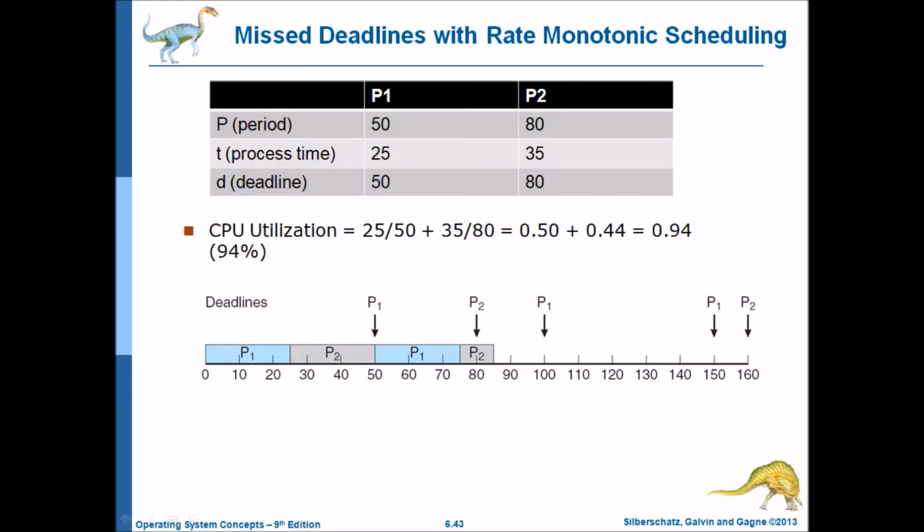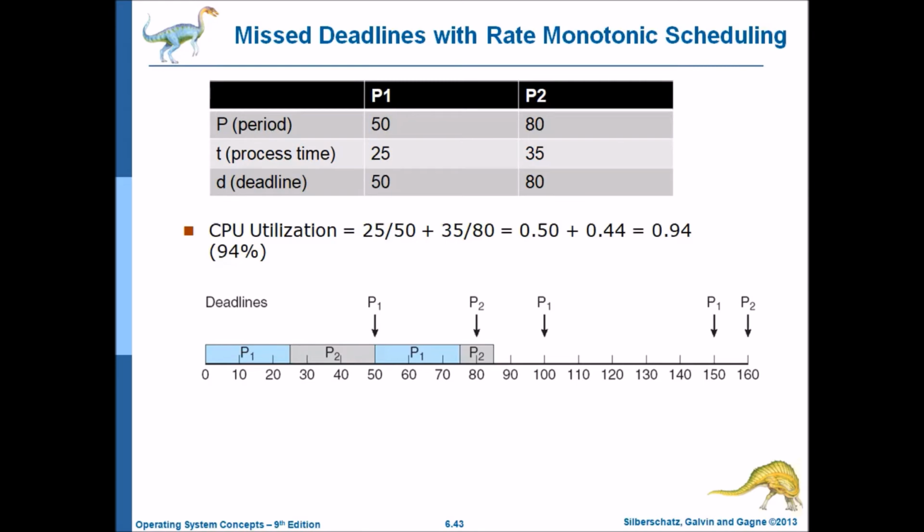So we compute the overall CPU usage: 25 over 50 for P1 and 35 over 80 for P2. So we have 0.5 for P1 and 0.44 for P2, a total of 94% CPU utilization. This indicates that it would be possible to schedule the processes.